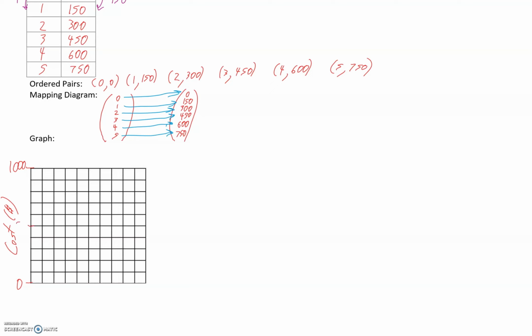So this will be 500. And then we'll go from 0 to 5. So it's 1, 2, 3, 4, 5. And this is going to be the number of tickets.